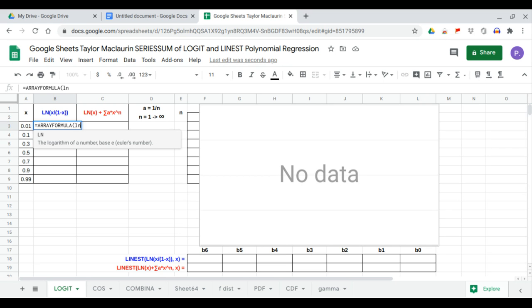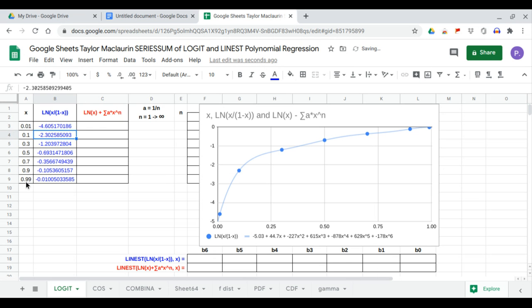Let's start with the ln x, the ln of the x values, and that's x over 1 minus x.